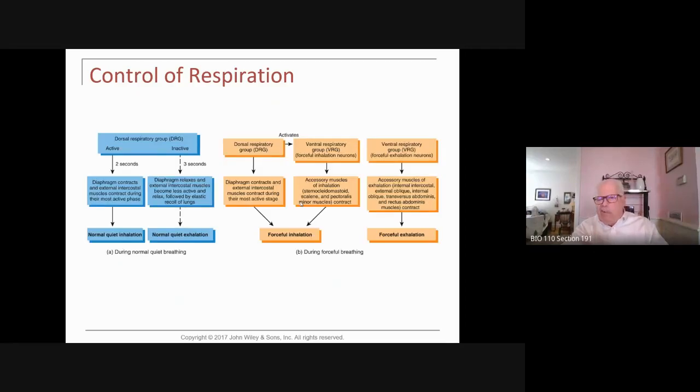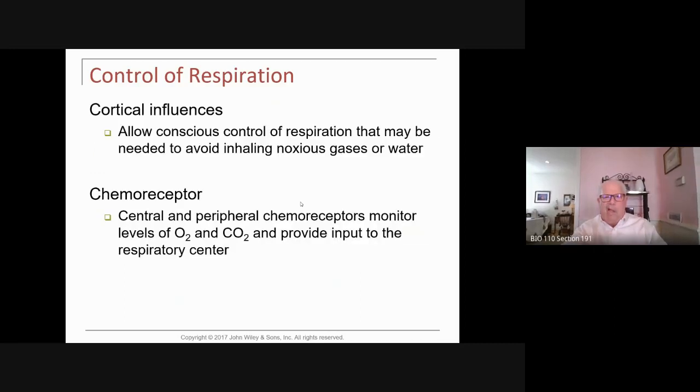Okay? You don't have to know what they actually control. Just know that the difference is that in the respiratory system, there are two areas, and in the cardiovascular system, there's only one area. All right? And of course, there are other influences on respiration.